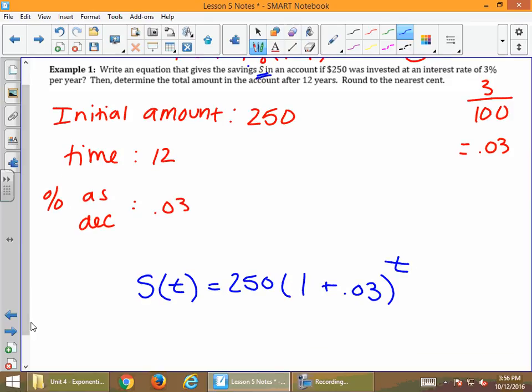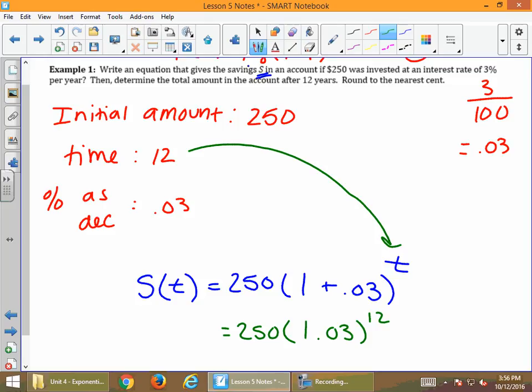First step. Then we want to evaluate it after 12 years, so you're just going to take 12, the time, and plug it into t. We get 250 times 1 plus 0.03, so it's 1.03 to the 12.